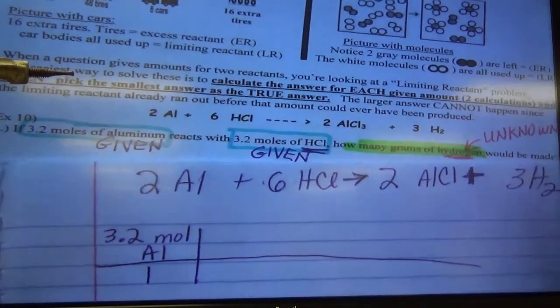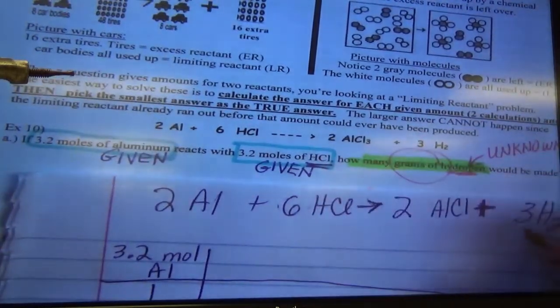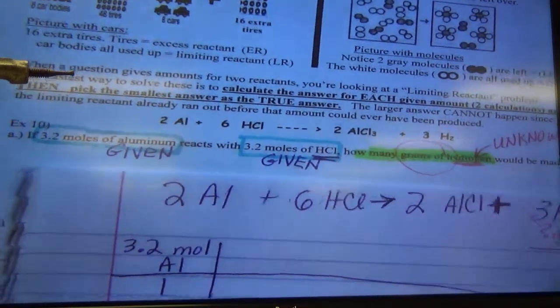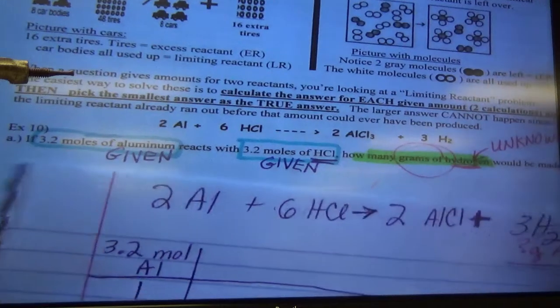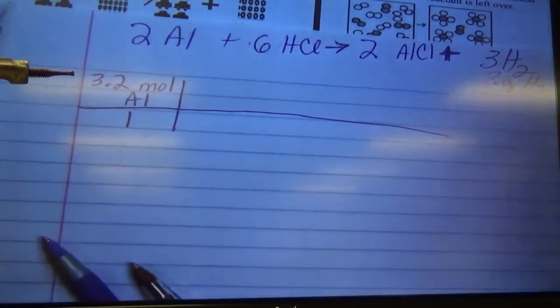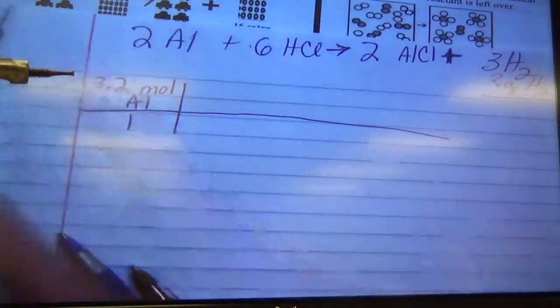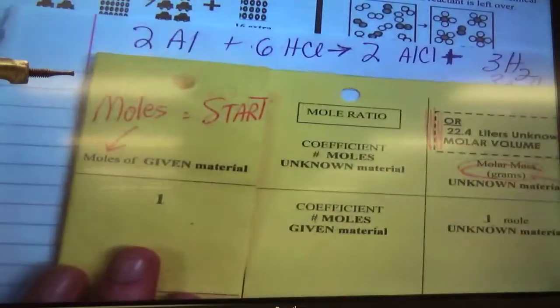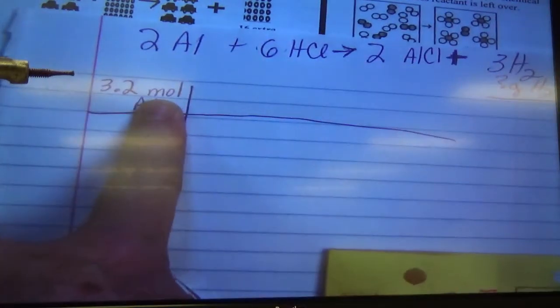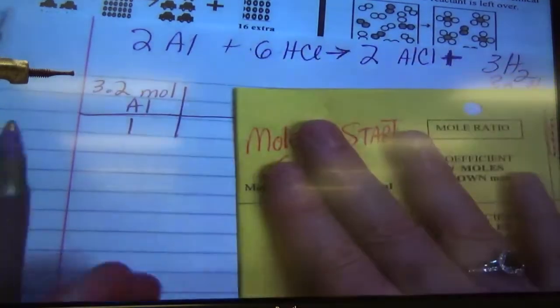And remember, we want to know how many grams of hydrogen. That's my question. All right, to do our work, it starts with moles. So should the foldable be opened or closed to start with moles? Closed. Good job. So this will be closed.